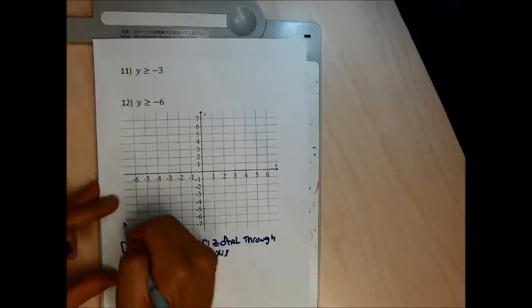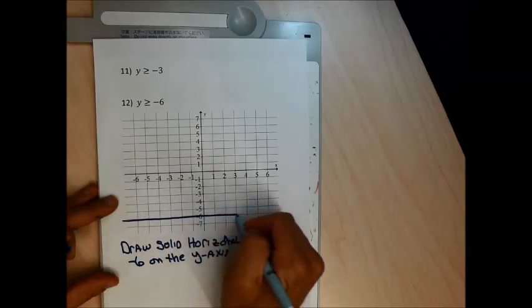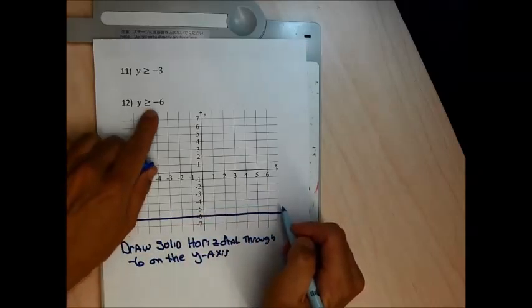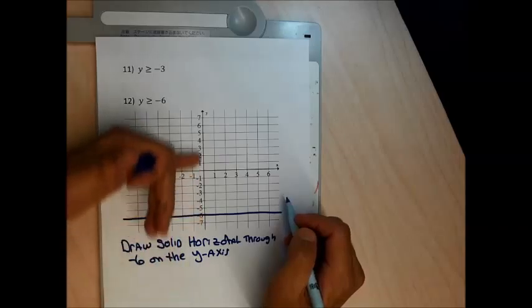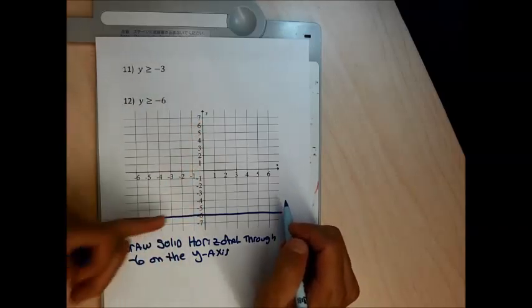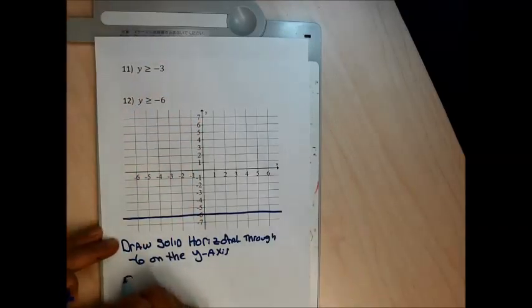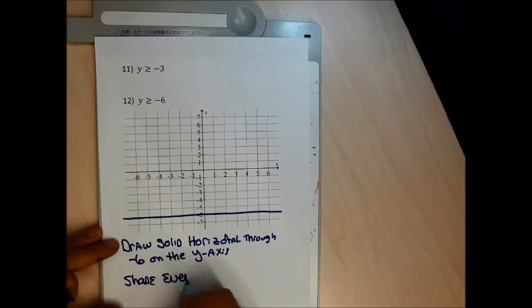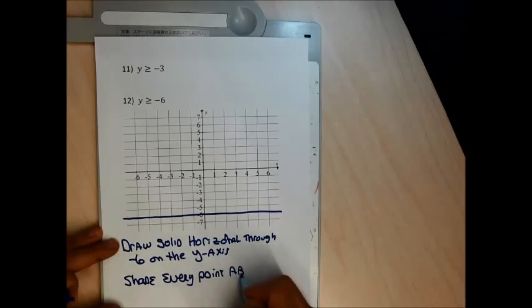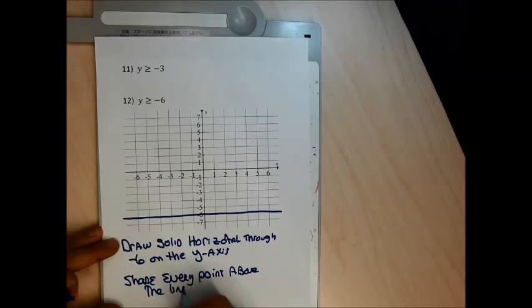Easy enough to do. Find negative 6 on the y-axis, draw a solid line. It's a greater than, and because y's get bigger as you go up, and greater than implies bigger, I'm going to shade every point above the line that I just drew.